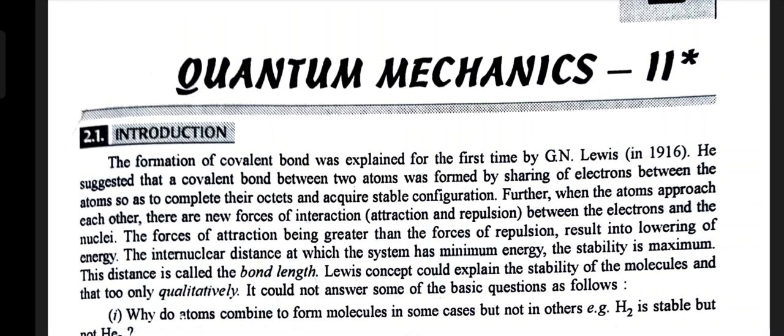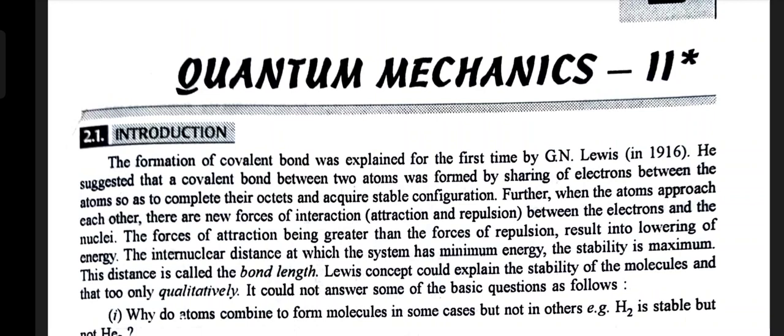Further, when atoms approach each other, there are new forces of interaction, attraction and repulsion, between the electrons and the nuclei. The force of attraction being greater than the force of repulsion results in lowering of energy. The internuclear distance at which the system has minimum energy and maximum stability is called the bond length.